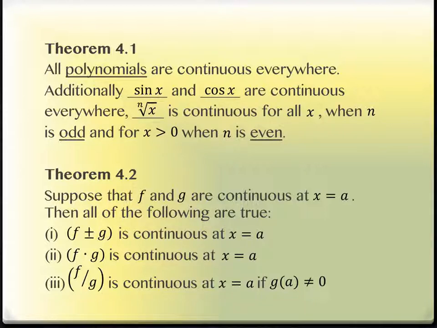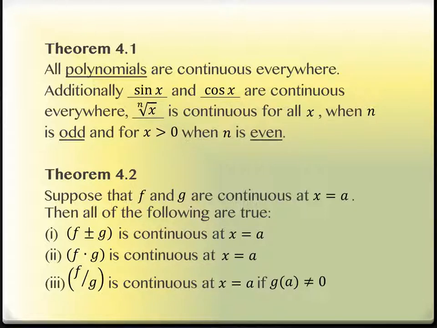So all this does is it expands all of those limit issues that we had in the last section to tell you the same thing's true about continuity. If it works for limits, it's going to work for continuity in this particular regard as well. Theorem 4.2 does the exact same thing for addition, subtraction, multiplication, and division of functions. Again, we saw that happen in 1.2 about limits. When do limits of these things exist? How does that work?